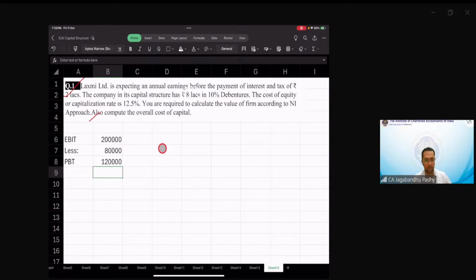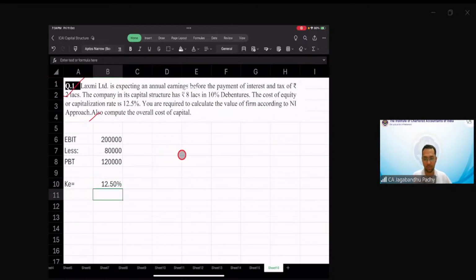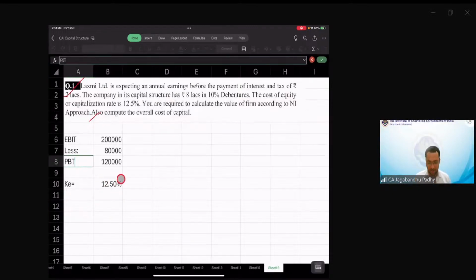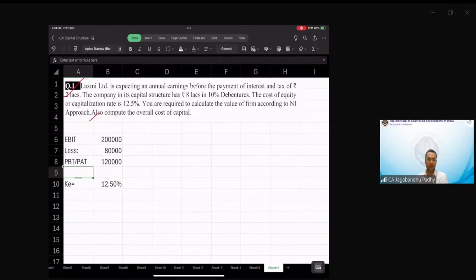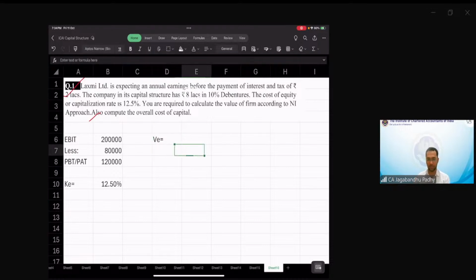The cost of equity or capitalization is given to us. K is 12.5%. You're required to calculate the value of the firm using net income approach. Now, value of the firm will be value of equity plus value of debt, we know. We have the cost of equity number. Now, since there is no tax, we can also say that our PAT and PBT are one and the same. How do we get the value of equity, everyone? What formula will I apply for value of equity?